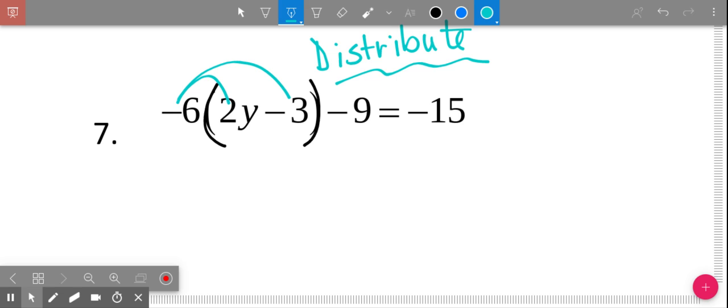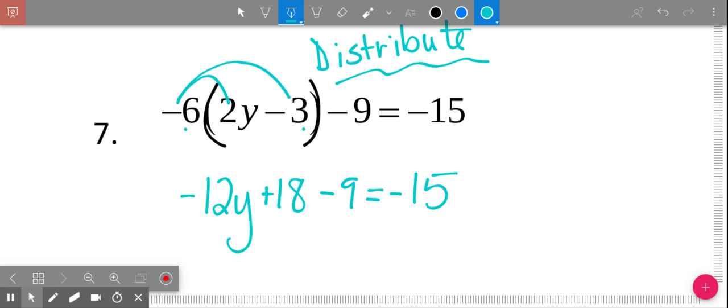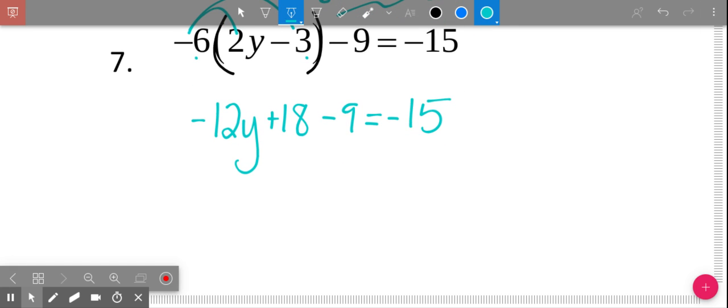So negative 6 times 2, remember that we're just multiplying. This is fancy multiplication. Negative 6 times 2 gives me negative 12y. Negative 6 times negative 3 gives me plus 18. And then I just bring down the rest of the problem. So minus 9 is equal to negative 15. Now we have a lot of numbers on the left side of the equal sign.